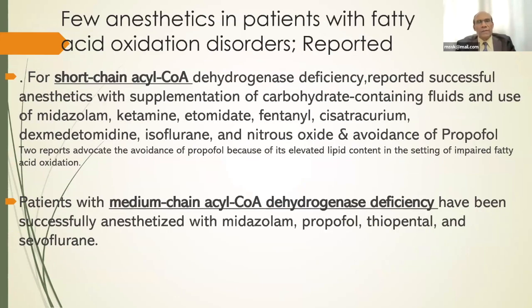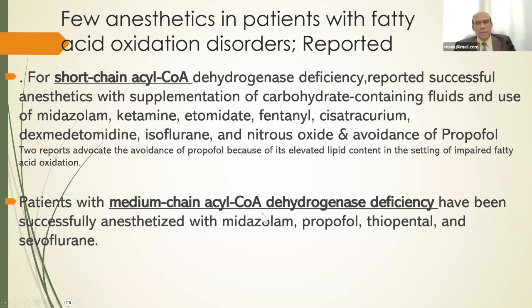So various anesthetics have been reported in different groups. For a short chain acyl-CoA dehydrogenase deficiency, again the principle is carbohydrate-containing fluids, midazolam, ketamine, etomidate, fentanyl, cisatracurium, dexamethasone. In this group they have also tried isoflurane and avoided propofol.